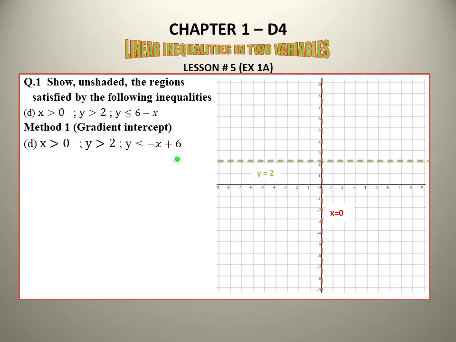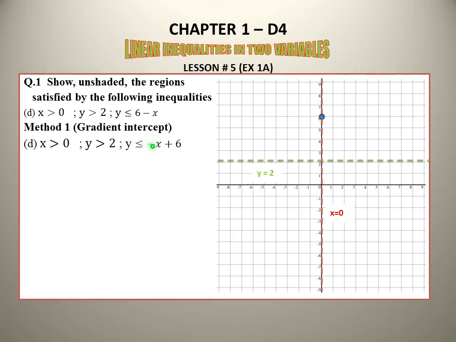Now for this inequality, we will keep in mind that there is an equation. Its y-intercept is 6. Place a dot at 6. Its gradient is minus 1. You can write minus 1 over 1.